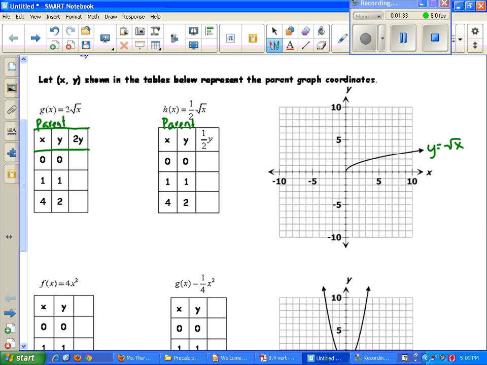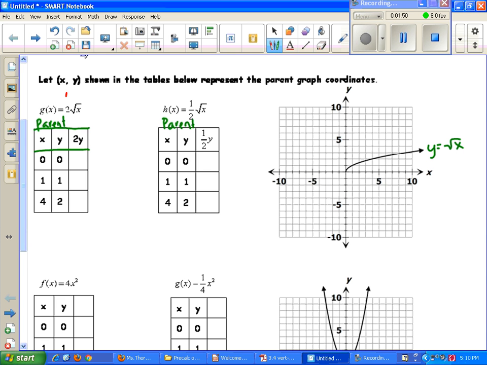Now let's take a look at this. I already have some parent graph points in my table: 0, 0, 1, 1, and 4, 2. When we're doing this as a vertical transformation, we are going to be changing our y values.